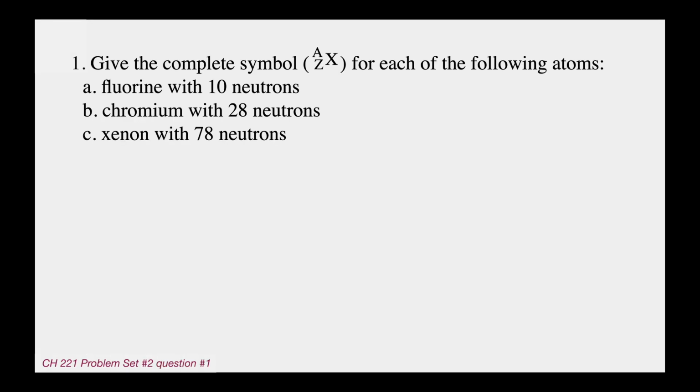The symbolism used in the top part right here is very common for isotopes, and let's talk about what the symbol means. Now, the lower left corner, Z, that's the atomic number, and that's the number of protons, and that number comes from the periodic table. Now, the X, which is associated with the Z, that's the symbol on the periodic table.